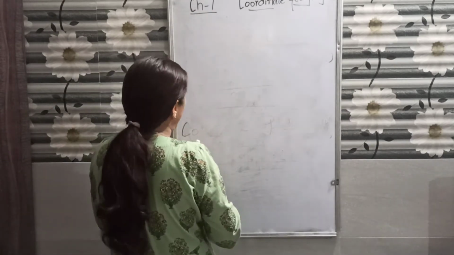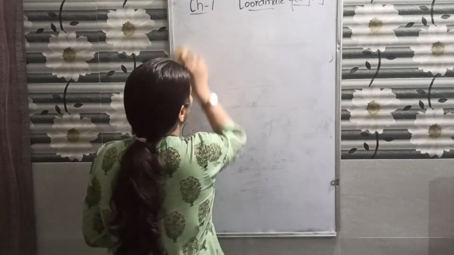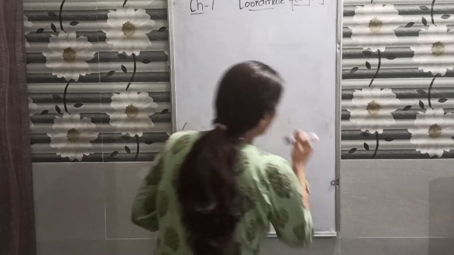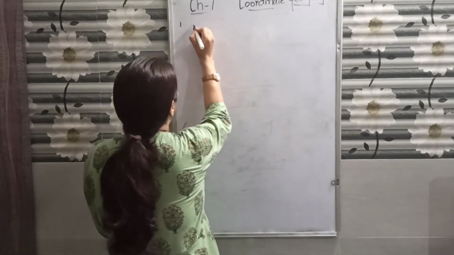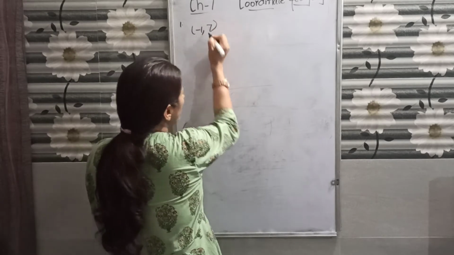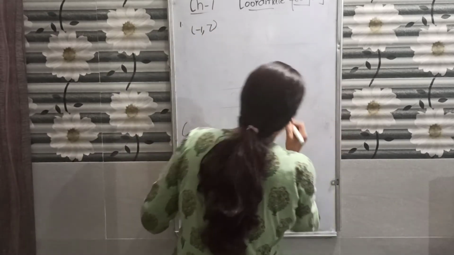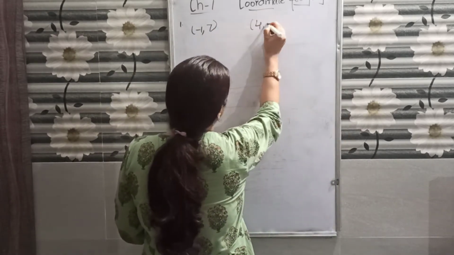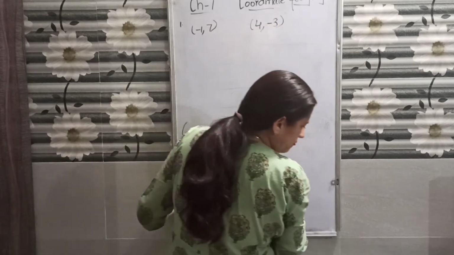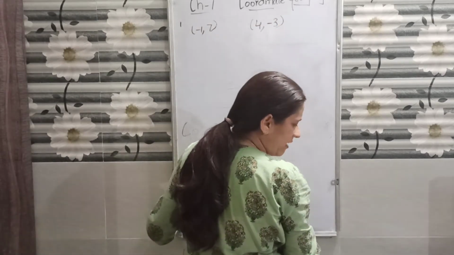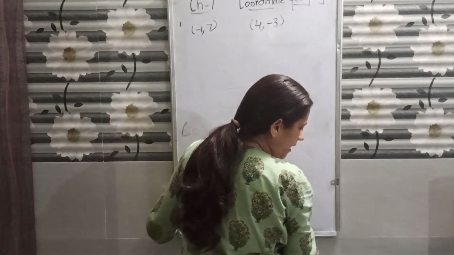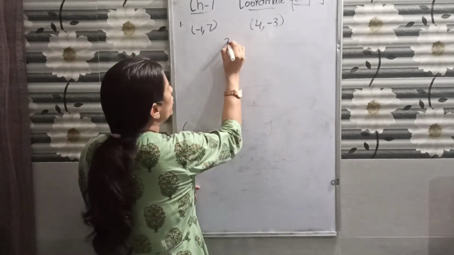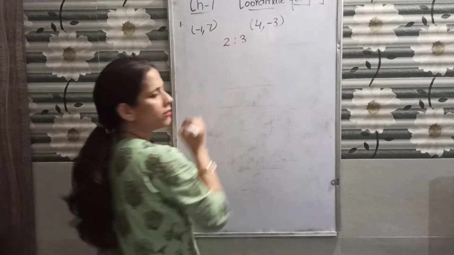In this exercise 7.2, you are given the points (-1, 7) and (4, -3). You have to find the coordinates of the point which divides the join of (-1, 7) and (4, -3) in the ratio 2:3. Fine.